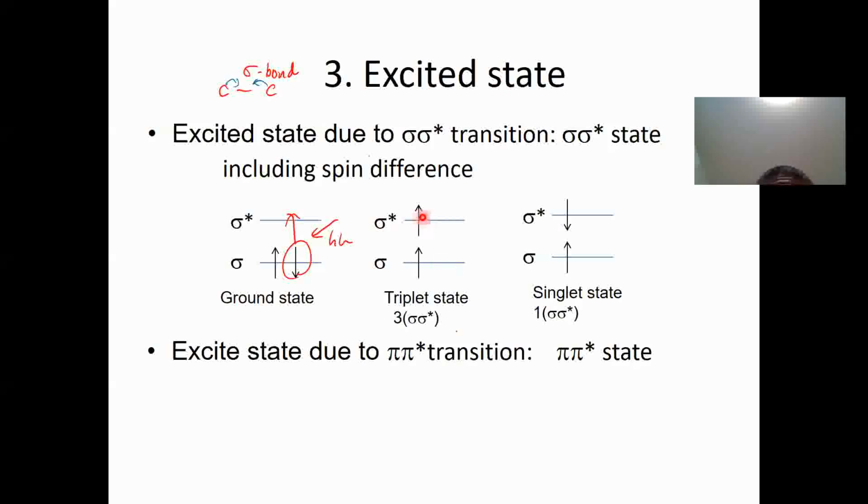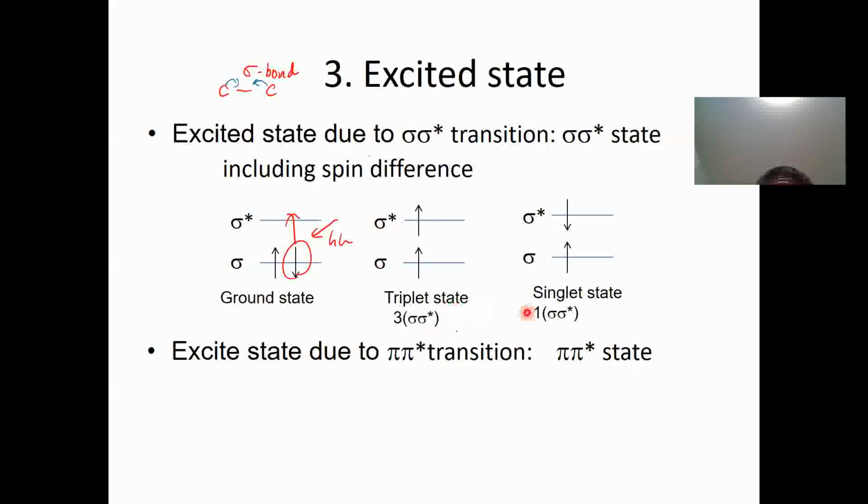In one case, the 2 spins of the electrons are parallel, and in the other, they are opposite. The parallel case is called a triplet state, and if they are anti-parallel, with opposite spins, it's called a singlet state.